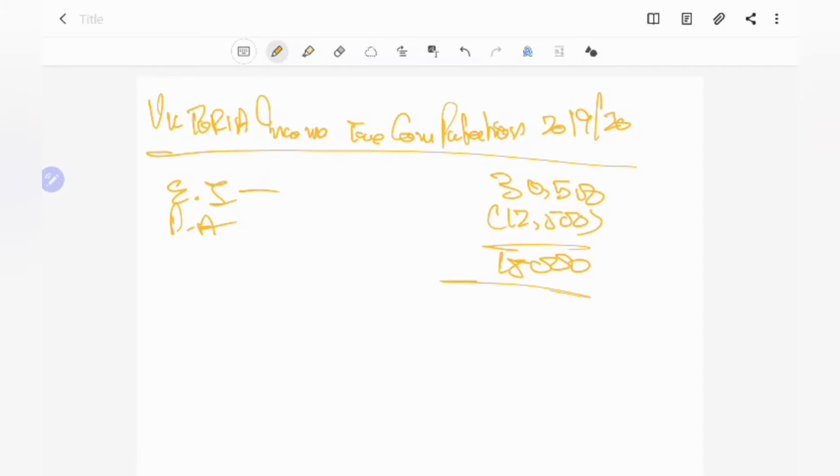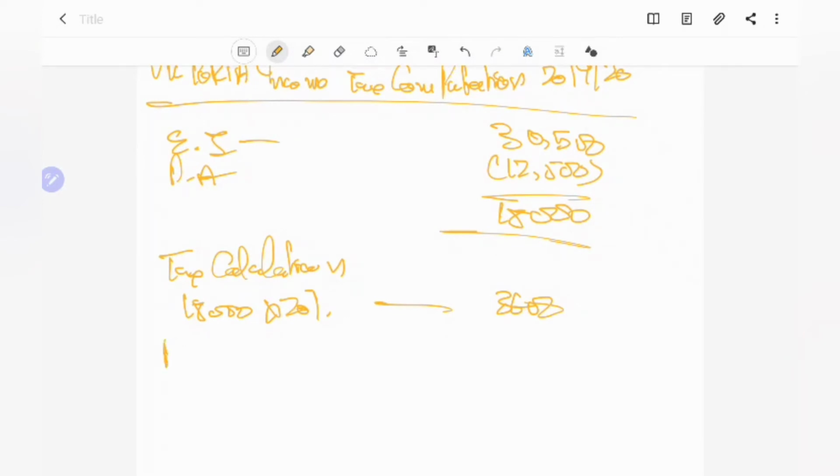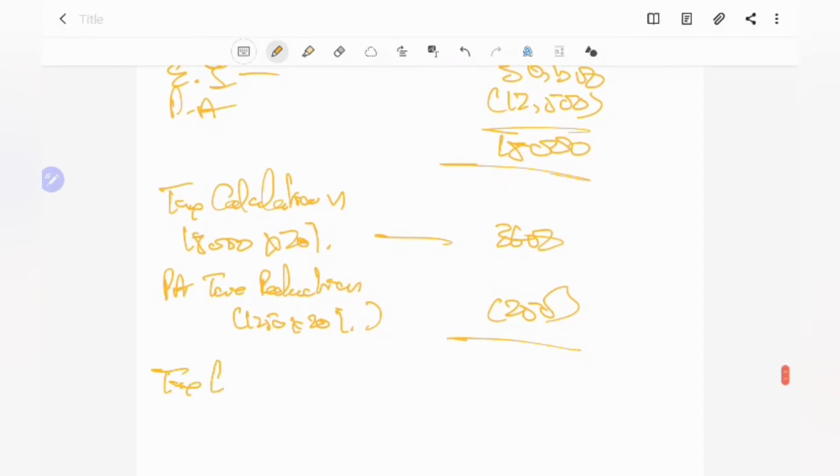Tax calculation: 18,000 into 20%, what I will get? 3,600. Personal allowance tax reduction, you will get 1,250 multiplied by 20%, 250. Tax liability will be 3,350. That's it.